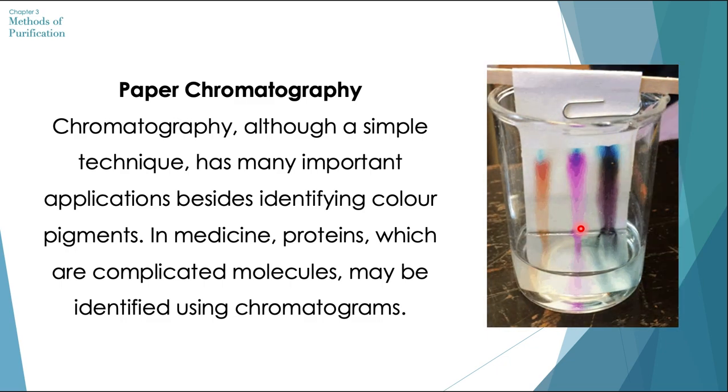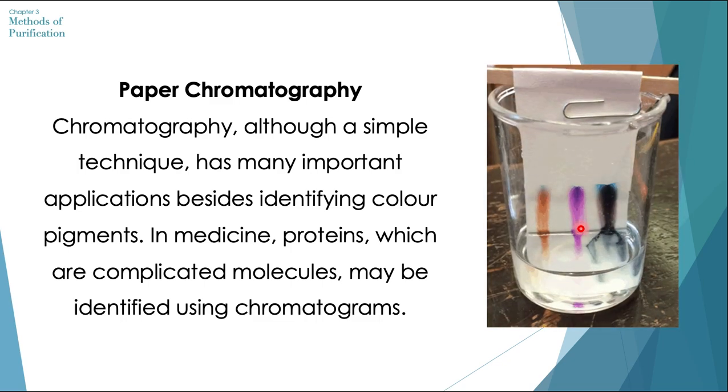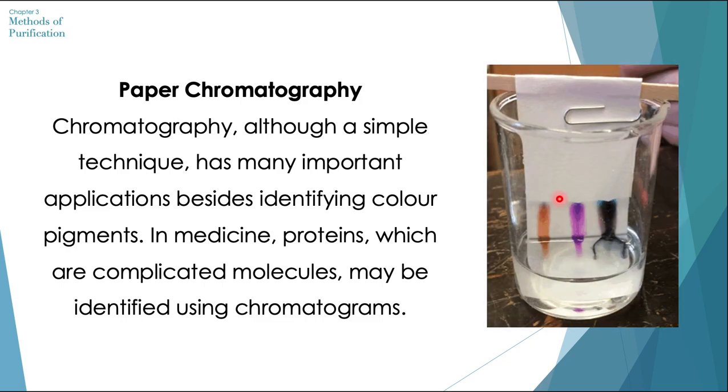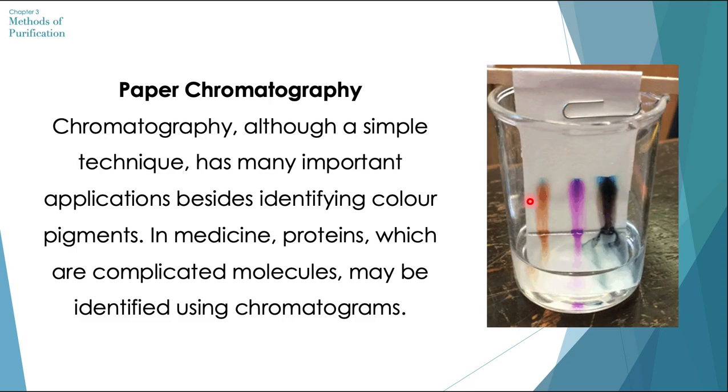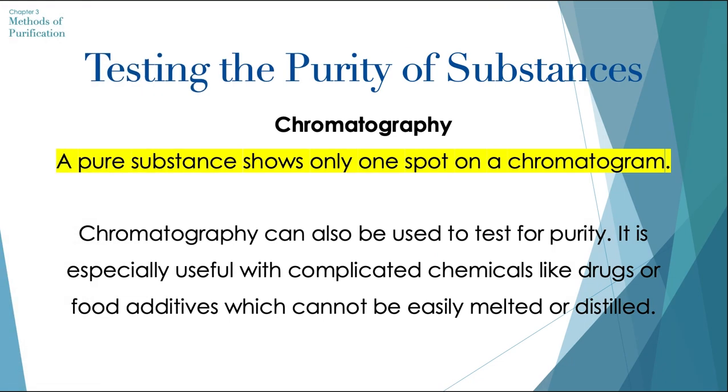Others dissolve better in the water trapped in the paper and therefore do not travel very far up the paper. This difference of solubility will allow the different pigments in the dye to be separated. One dye can be made up of many different pigments. Like this dye is made up of these three pigments. So, in chromatography, a pure substance shows only one spot on a chromatogram.